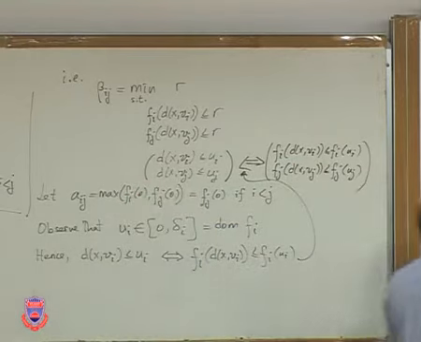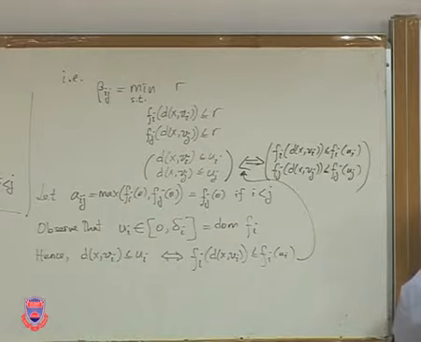So, an equivalent definition of beta ij is then the following.